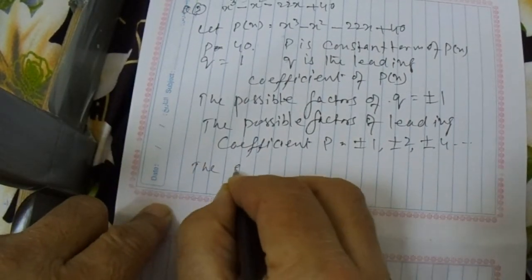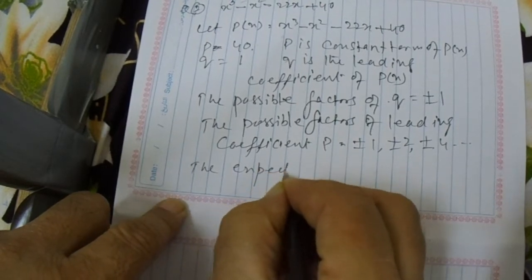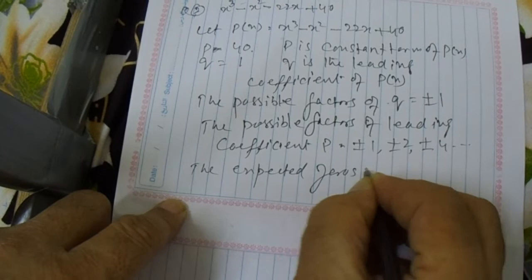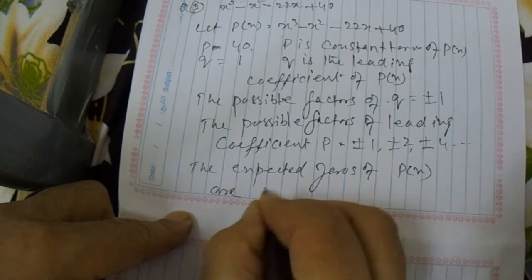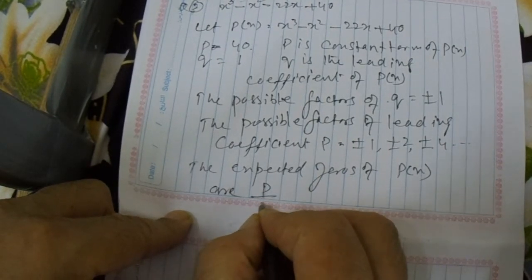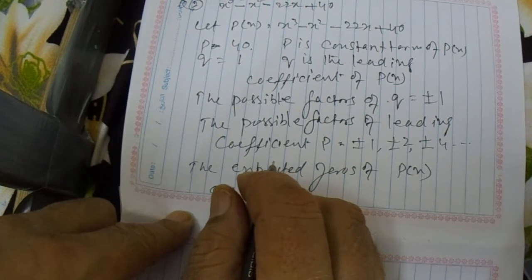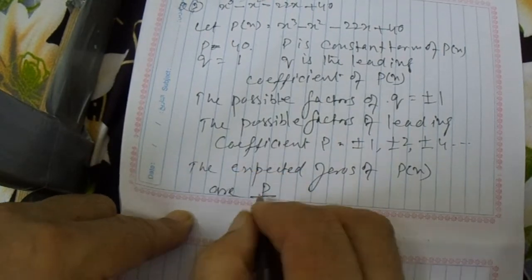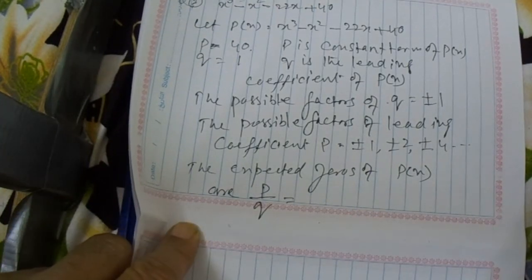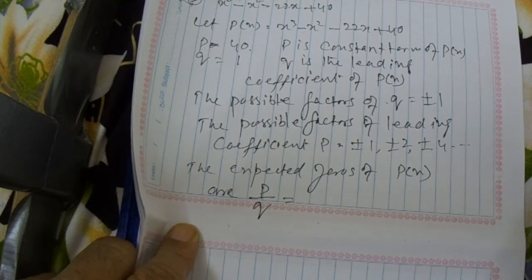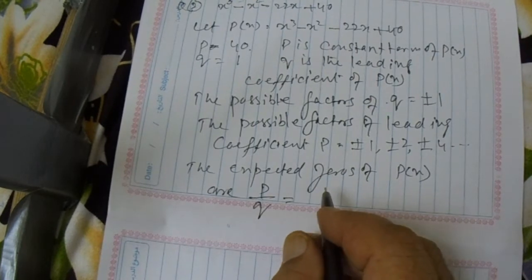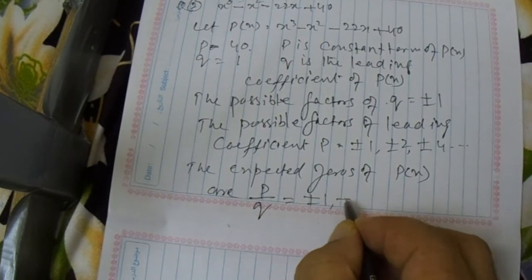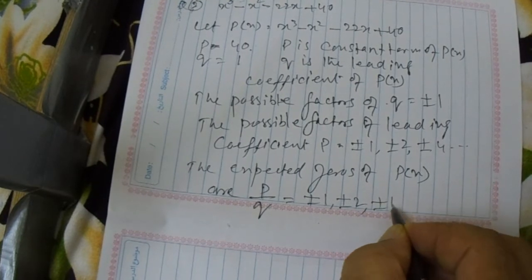The expected zeros of p(x) are p over q, which gives ±1, ±2, ±4.